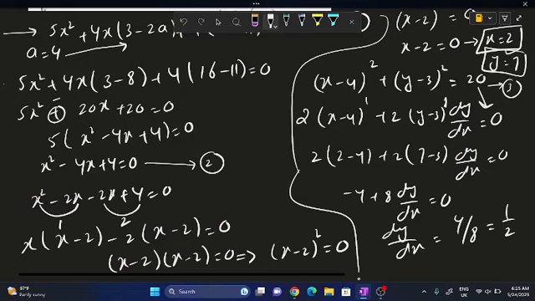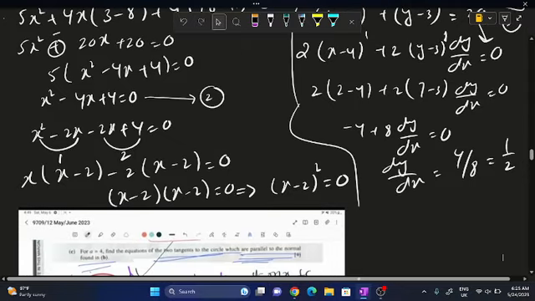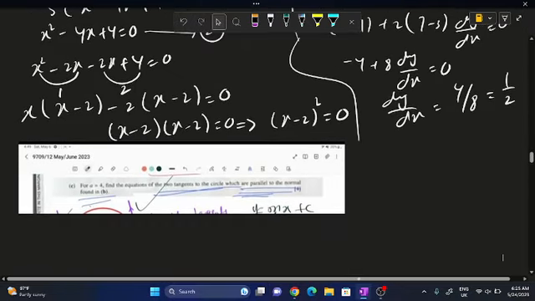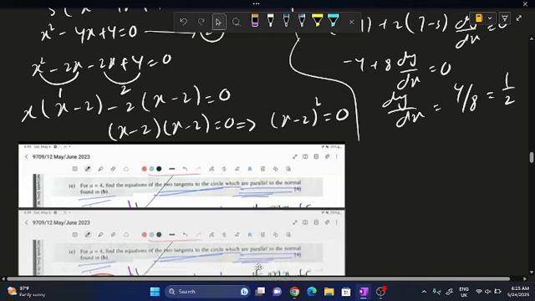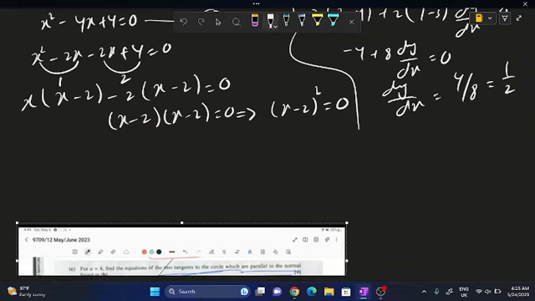Now this is the slope of the tangent. Whenever you calculate the slope by using a derivative, your slope comes from the derivative, right? You have to find the equation of the normal to the circle, so you have to find the slope of the normal. If you remember in the book, the formula was given: m1 times m2 is equal to minus 1.